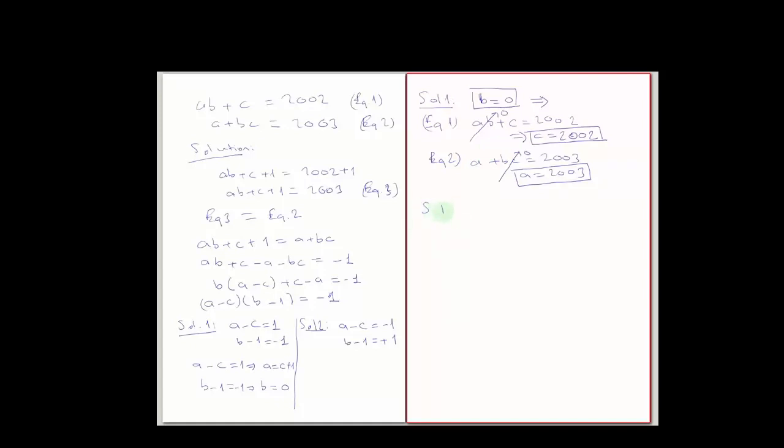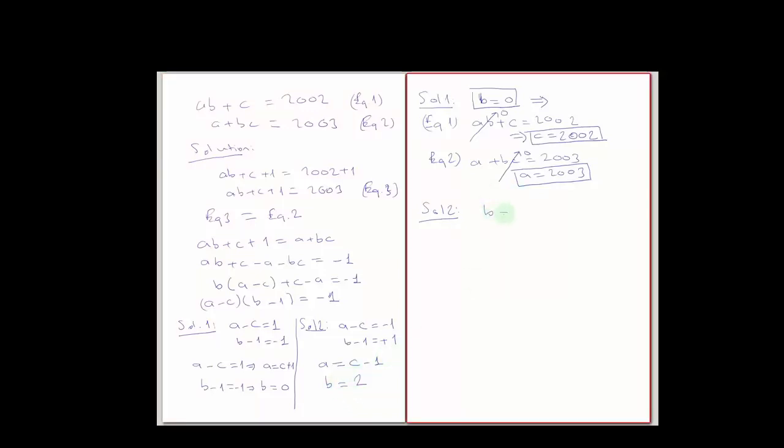For solution 2, let's continue. Let's go back here and find those relations. That gives us A is equal to C minus 1, and the second one gives us B equal to 2. Very good.